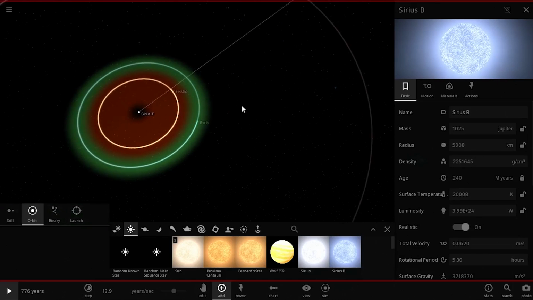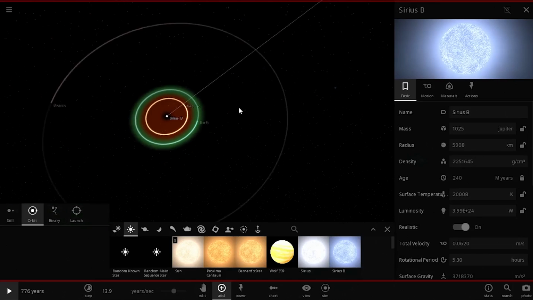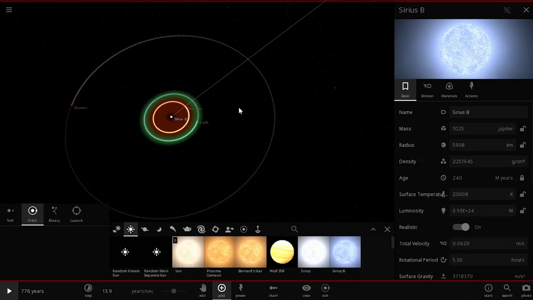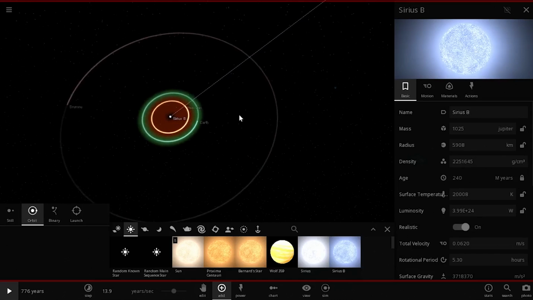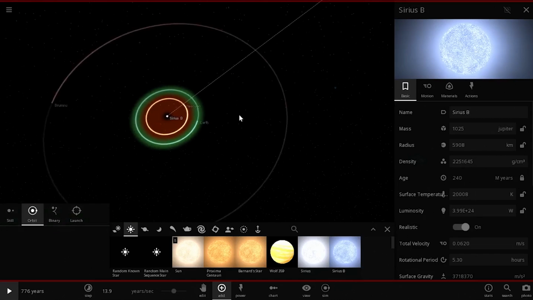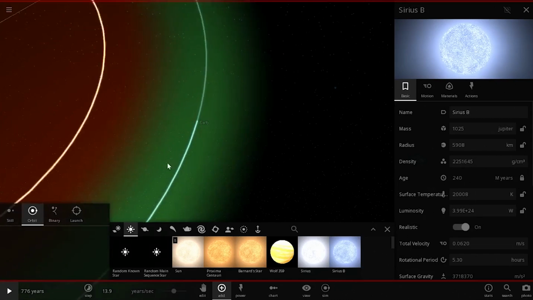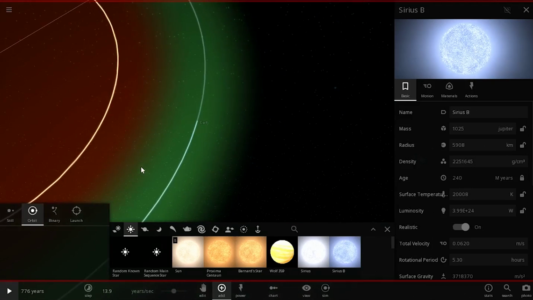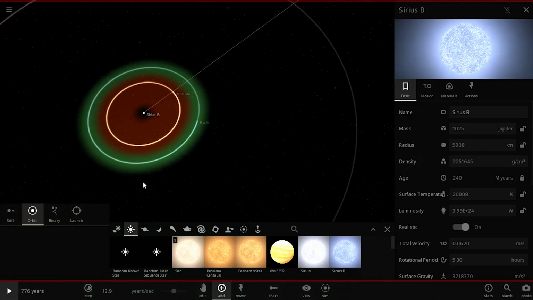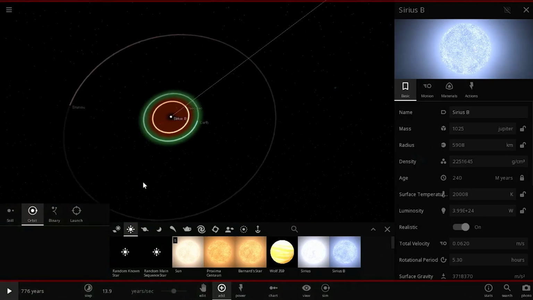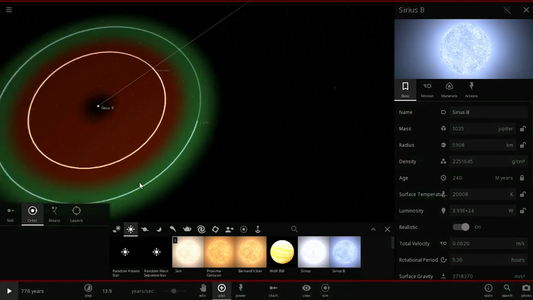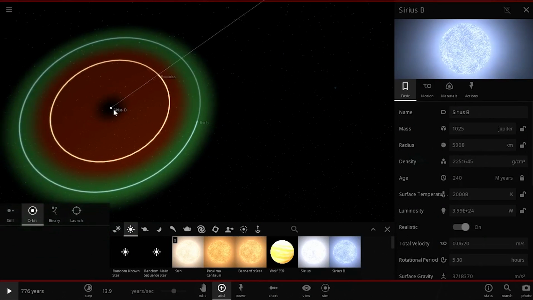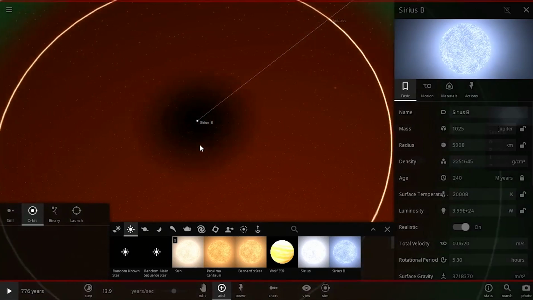But what it is, it's what happens after a star that cannot supernova because it does not have enough energy to, collapses in on itself, causing Sirius B. It collapses in on itself, not far enough to make a black hole, but far enough to create a white dwarf, which is pretty much nothing but the pure core of the star itself.